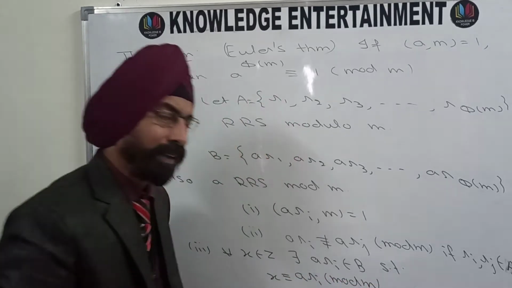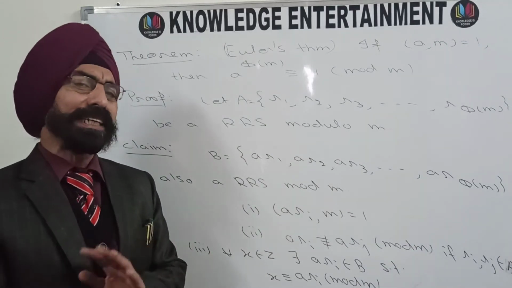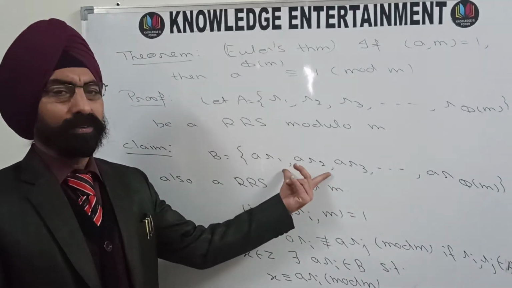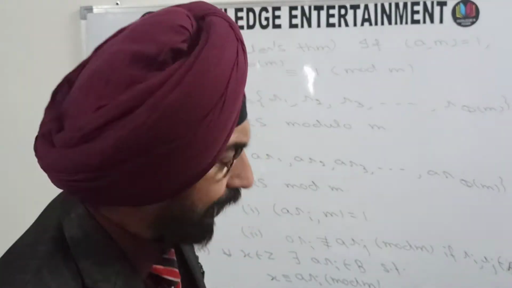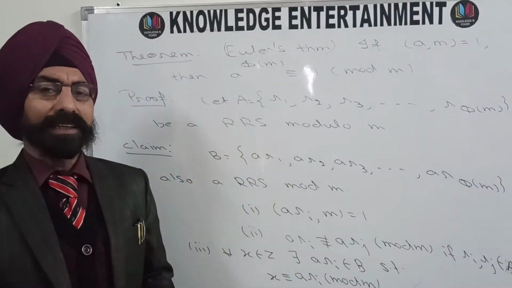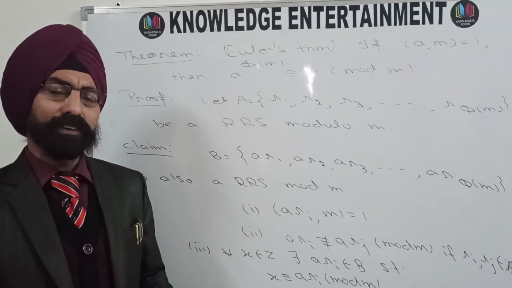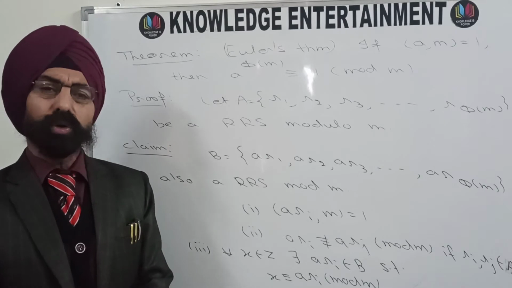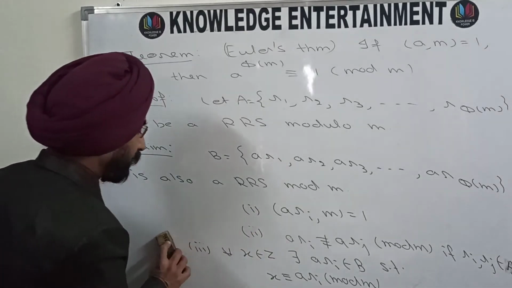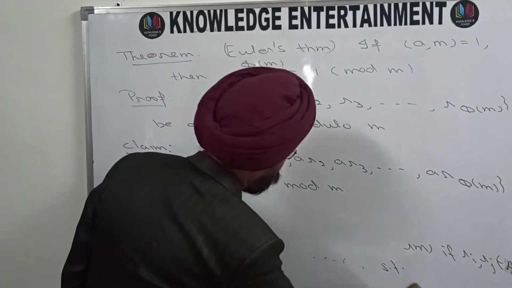That means every integer is congruent to some member of the set B modulo m. So these three things we will prove, and by proving these three results, it will be clear that B is a reduced residue system modulo m.